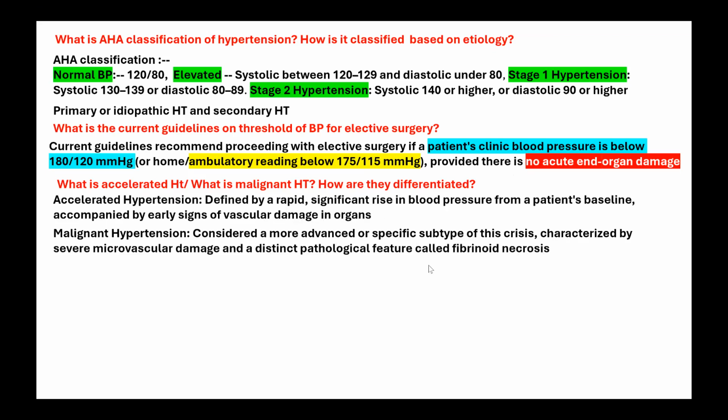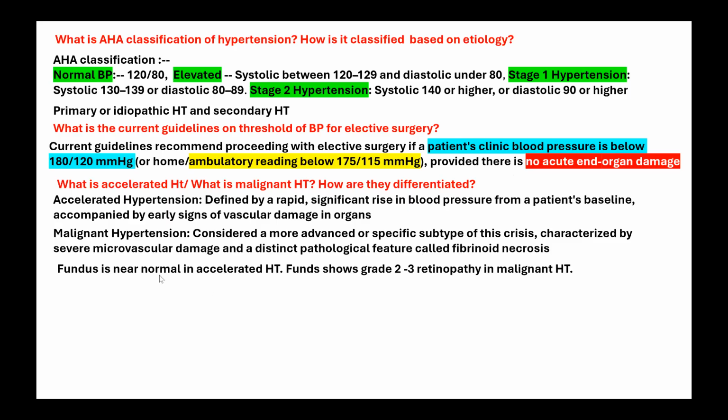To differentiate between the two, you have to look at the fundus. Fundal changes are nearly normal in accelerated hypertension, but the fundus may show grade 2 to 3 retinopathy in malignant hypertension. So that is how you differentiate.